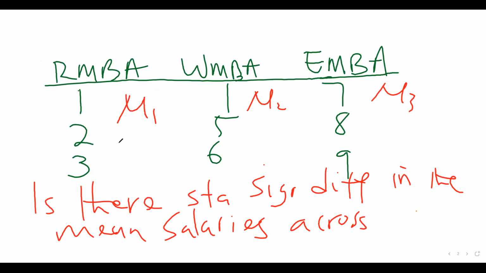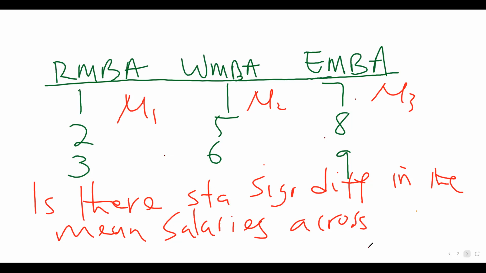When you count them, they are all 3. So for n_i, the i will be for each group, and that will be 3. Please don't think that it's always going to be the same number. In this case it is the same number, but sometimes the first one will be 20, the second one will be 16, the next one will be 5. So you can have an unbalanced panel. But what I have for you here is a balanced panel.